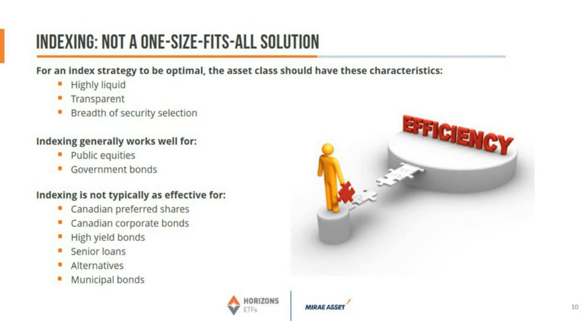But then when you get into certain asset classes, we've found that there's a lot of inefficiency with respect to indexing, and I'm going to talk specifically about Canadian preferred shares, corporate bonds, high-yield bonds, senior loans, other alternative assets, and municipal bonds. These are very, very actively traded fixed income strategies, and a lot of them are very specific to Canada, but we've seen so much inefficiency in these spaces.